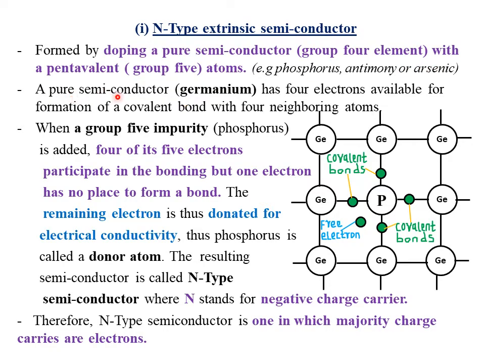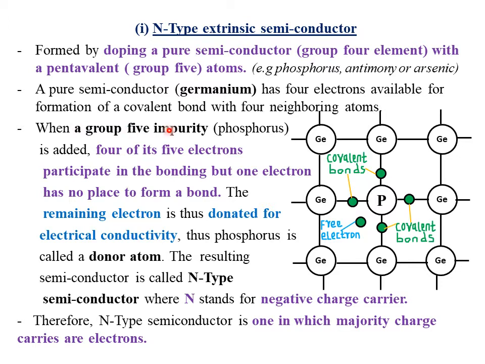Now, a pure semiconductor, for example germanium or silicon, or what we simply call the group 4 elements, usually has 4 electrons available for the formation of a covalent bond with 4 neighboring atoms.